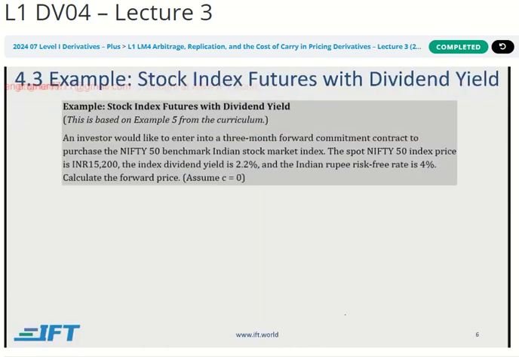Now here we're going to do it with continuous compounding. So now instead of a stock, which was the case in the previous example, it was Unilever stock, here we have a Nifty 50.